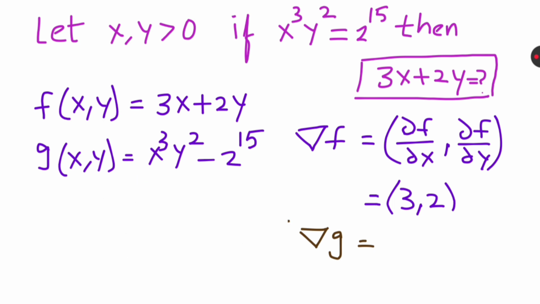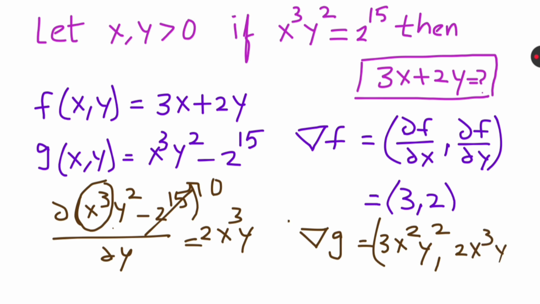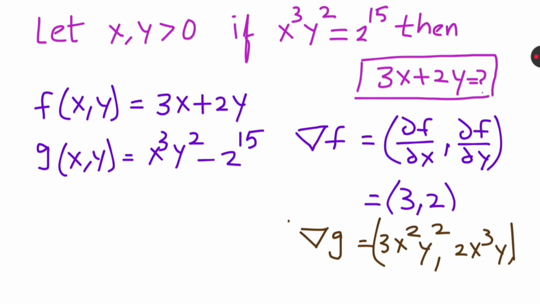Now the derivative of g with respect to y: the constant term is 0, x cubed we simply write as it is, and y^2 becomes 2y. So we get 2x^3 y. Finally, we found ∇f and ∇g.